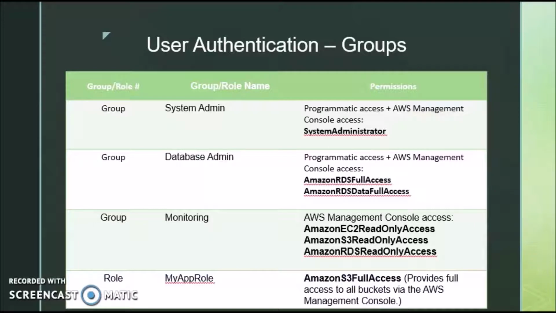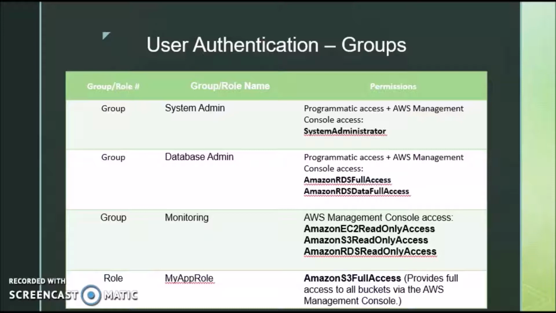So both administrator groups have programmatic access and AWS Management Console permissions. System administrator has system administrator console access, and the reason for that is quite clear. Database administrator has Amazon RDS full access and Amazon RDS data full access, console access.